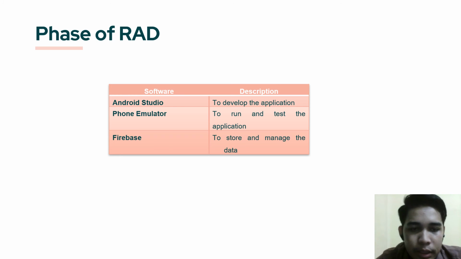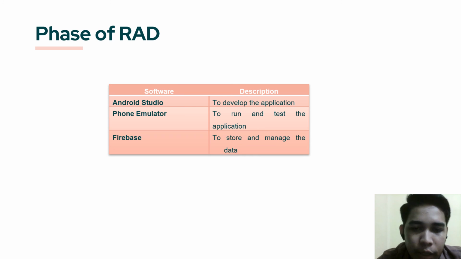The first one is Android Studio. As we know, Android Studio is used to develop the mobile application. The phone emulator built into Android Studio is used to run and test the application within Android Studio, without the need for testing on a mobile phone.